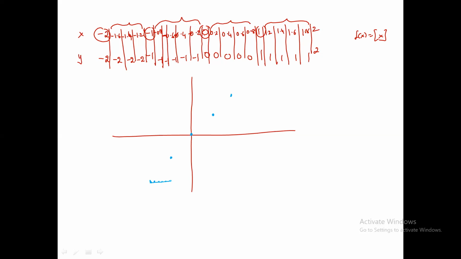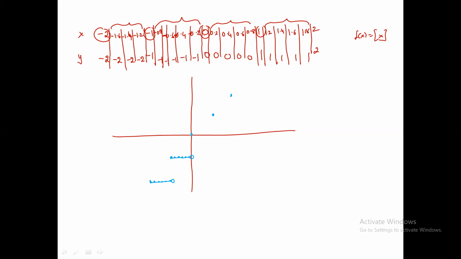That means you will draw a line with an empty circle here. You are not taking -1. Now you will start at -1, -0.8, -0.6, -0.4. For all these, the answer will be -1. But you will not take 0. For 0, you will put an empty circle.